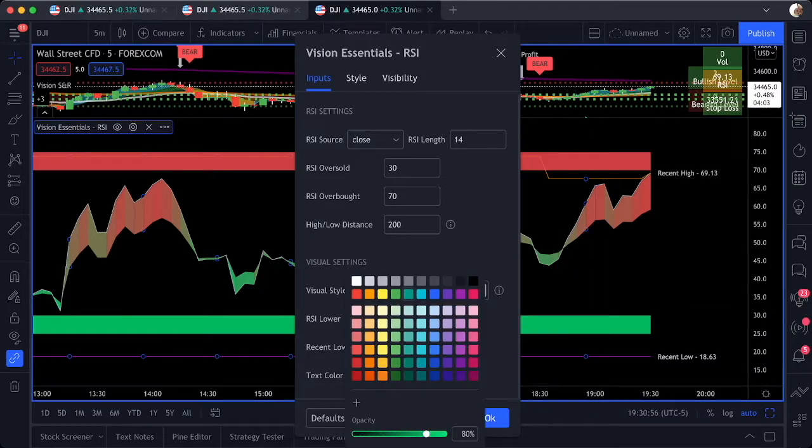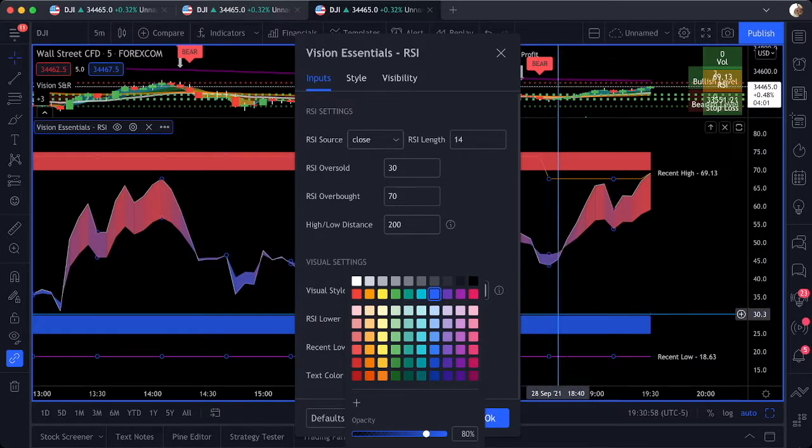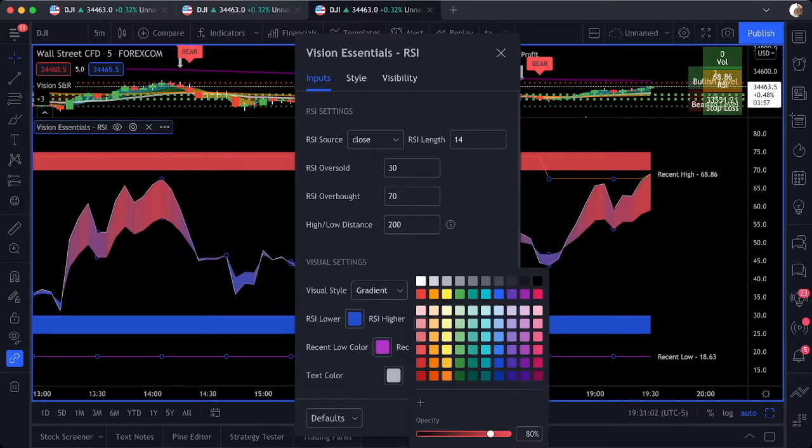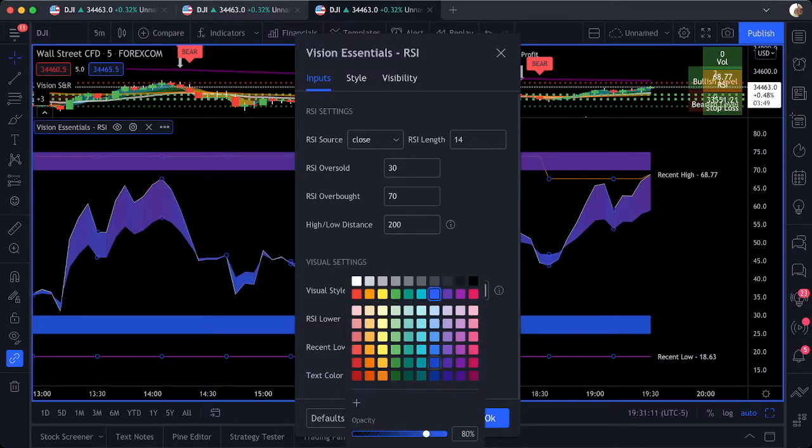So let's say I want to get fancy. Ooh, now I'm blue. Ta-da. Let's say I want to get really fancy. I'm going to change the RSI higher to purple. Oh, wow. Okay, that is really close. Let's do it light. Or white. That's actually kind of pretty.